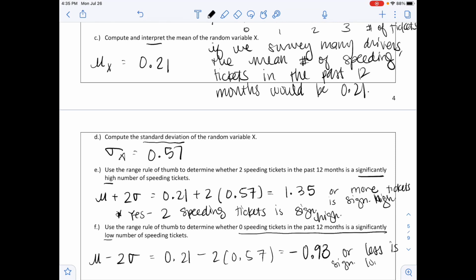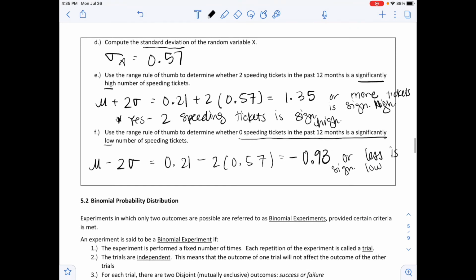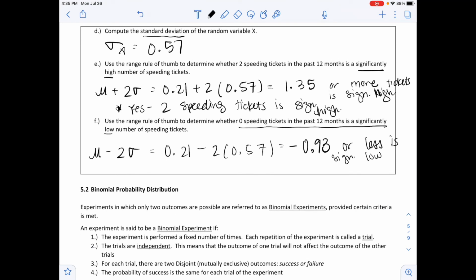And I know that doesn't make sense, but the question that we're asking about is 0 speeding tickets. So we'll say no, it's not negative 0.93 or smaller. So no, 0 speeding tickets is not significantly low.